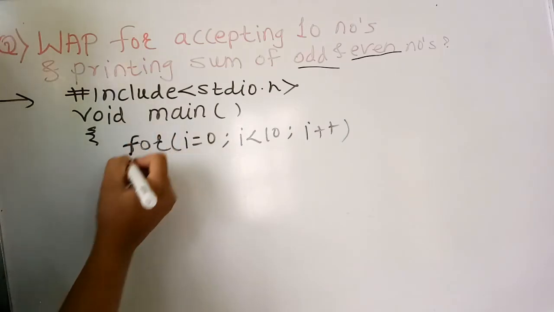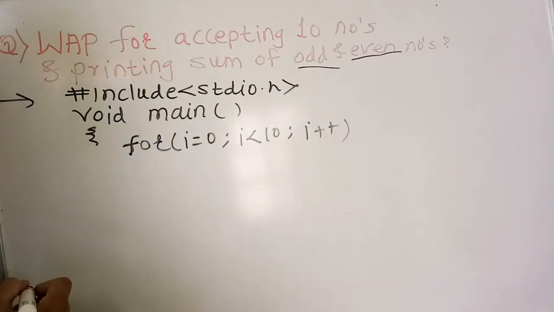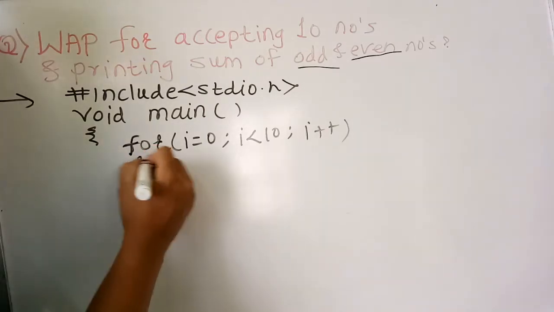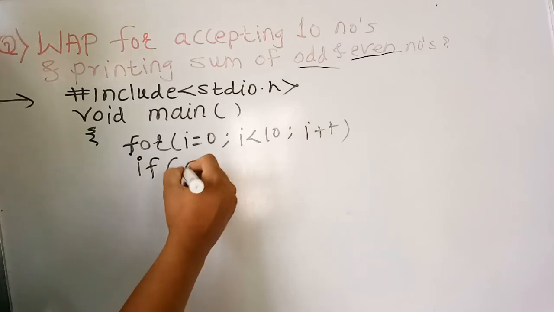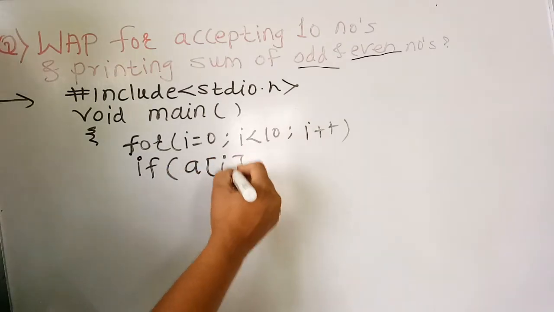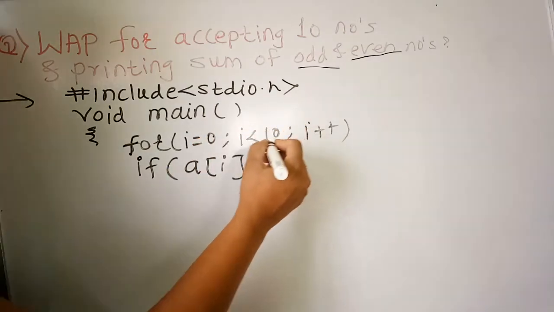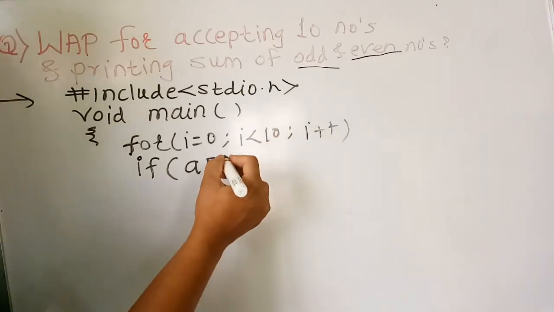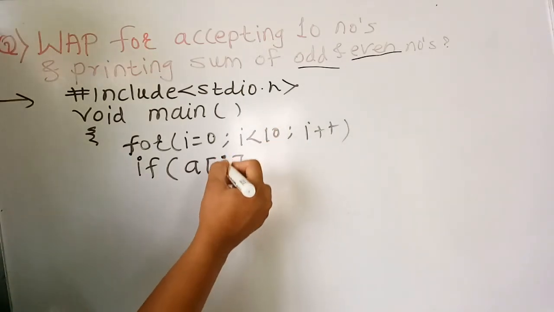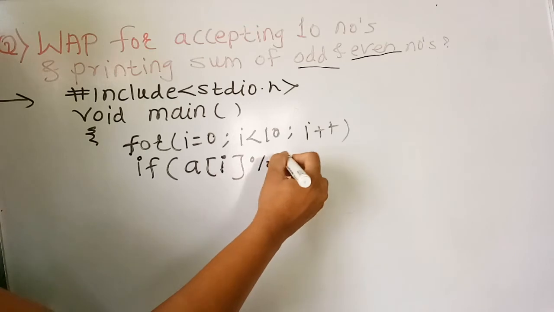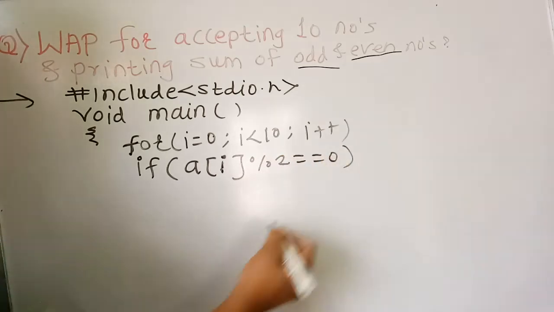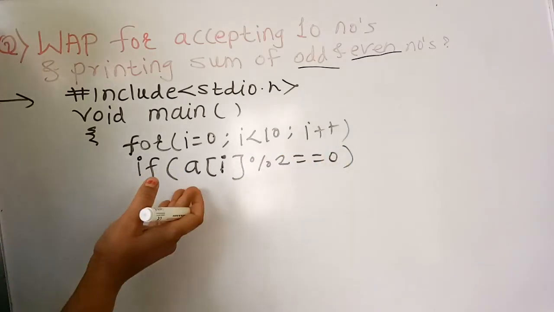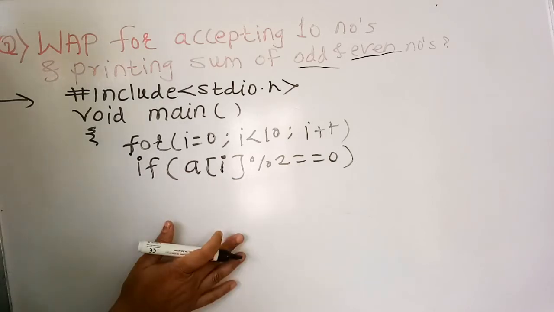We know that for checking any number to be even or odd, it should be checked with 2 by applying the mod operator. For that we will check a condition like if a[i], numbers from 0 to 9, these all 10 numbers will be checked one by one with this index, and if that number mod 2 is equal to 0, definitely it is giving us the answer that this number is an even number.